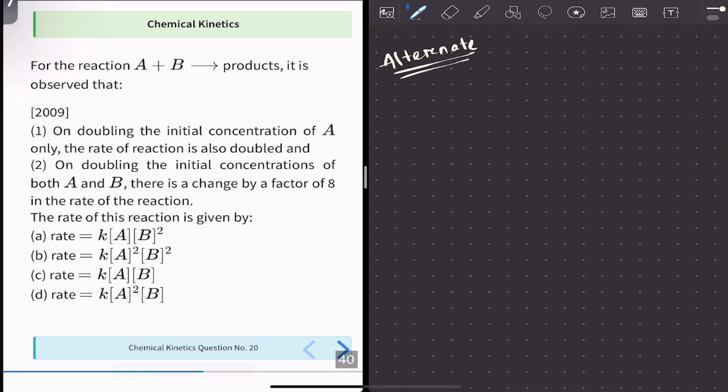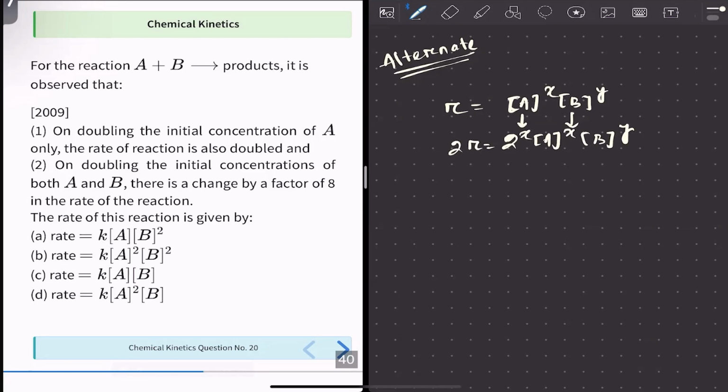Okay. So the rate law would be A to the power X, B to the power Y. If we keep B constant and double A, we are doubling the value of A, means 2 to the power X, A to the power X. It is becoming 2R.